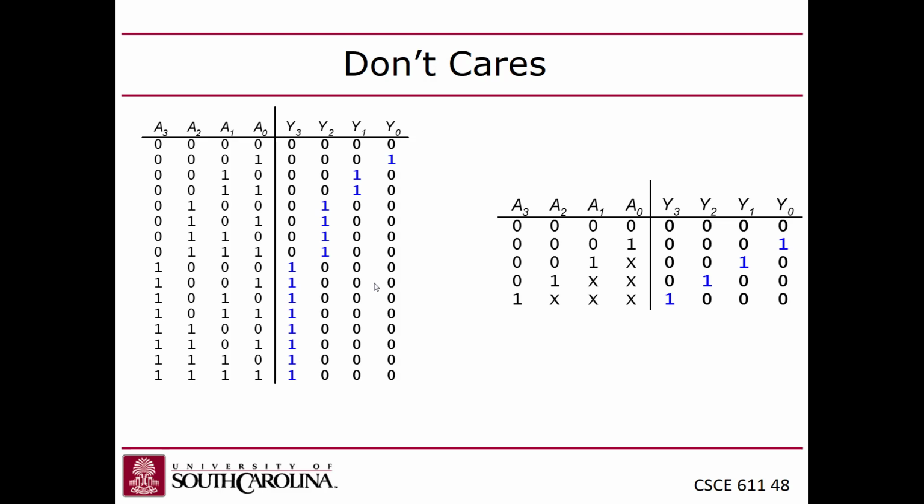If you have a don't care on an input, it means that you've basically compressed multiple rows into one row. So, for example, if you have two don't cares, this one row must be expanded into 4 rows when you implement the circuit, because you have to account for every combination of bits in those don't care slots.